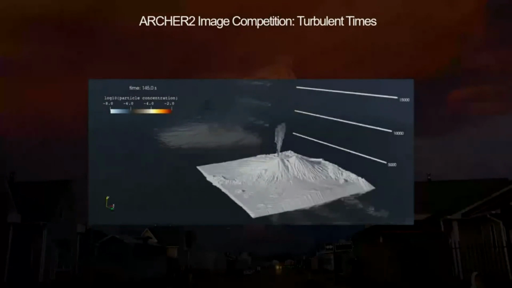What I'm illustrating here is a rendered simulation of the actual topography upon which my 3D simulation is running. I'm injecting this hot gas particle mixture within a conduit at the top of Fuego, and we have the atmospheric conditions of that day. So we essentially have 2D wind fields, but because the topography is there, we essentially have a 3D wind field.